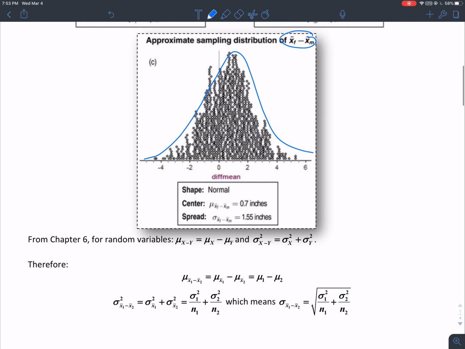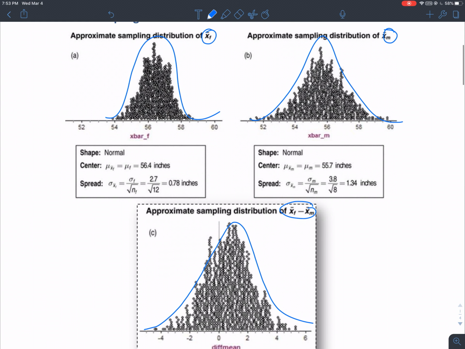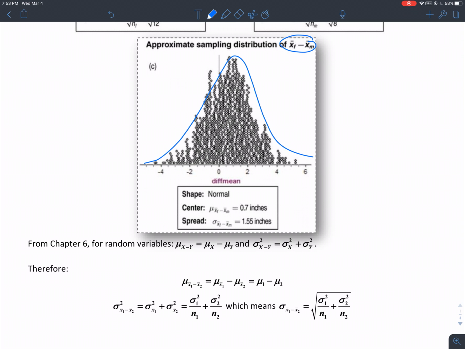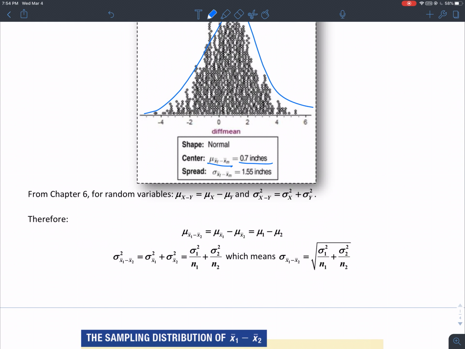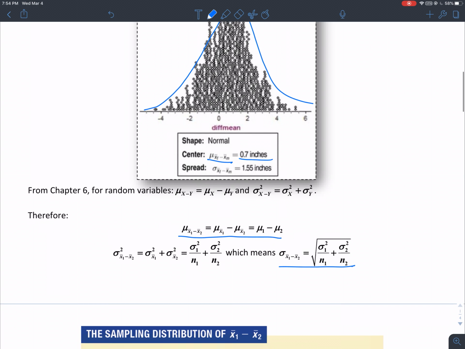Okay, and then we also know that the mean of the difference in sample means sampling distribution will be about the difference of the means as illustrated here, and the standard deviation will be that.